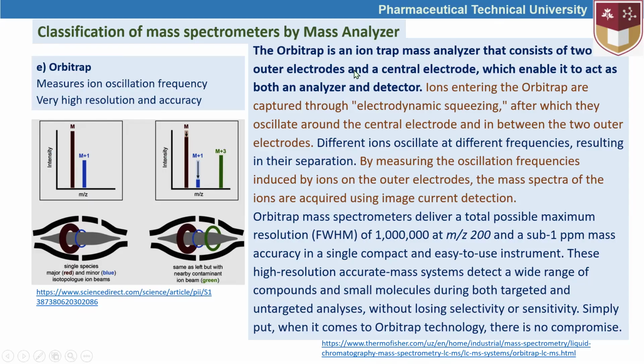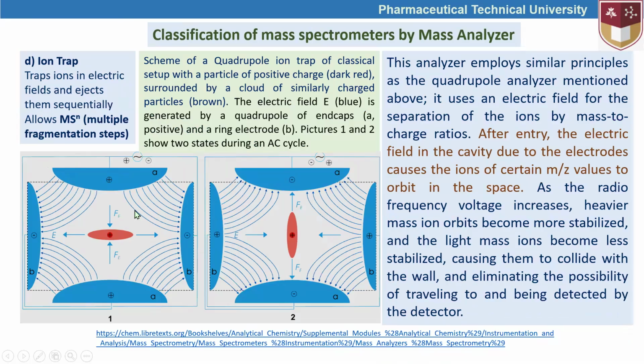The orbit trap is an ion trap mass analyzer that consists of two outer electrodes. In the quadrupole ion trap, we said there are four electrodes, two negatively charged, which are located in front of each other, and two others are positively charged.